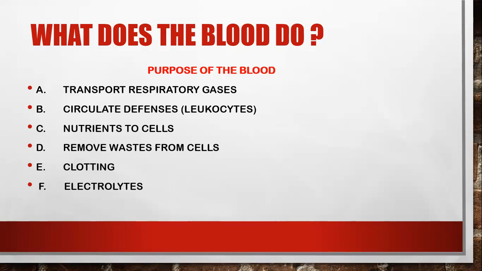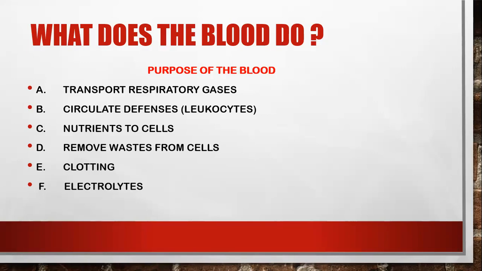And then what is the normal leukocyte count? The normal 5,000 to 10,000. Good, 5,000 to 10,000. Notice I didn't say white blood cell. It may say leukocytes. You've got to know that's the same thing. Okay, good. Another thing that the blood does, it gives nutrients to the cell.